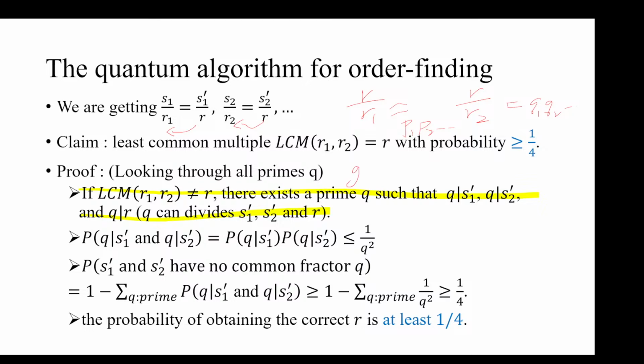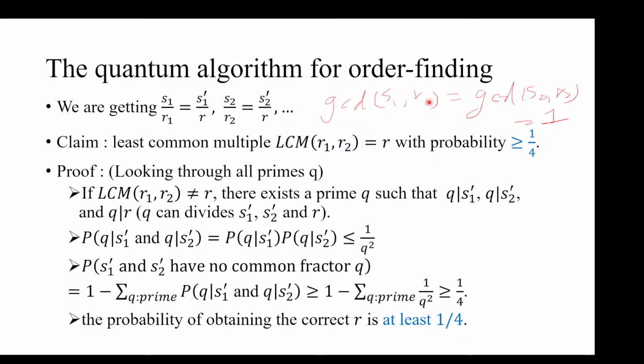So we have the greatest common divisor of S1 R1 equal to 1 equal to GCD S2 R2. This is the notation we are using. So GCD S1 R1 equals GCD S2 R2 equals 1.